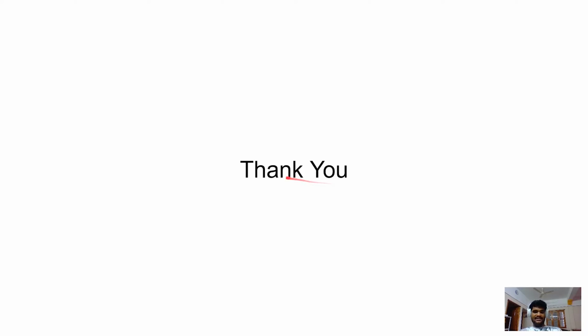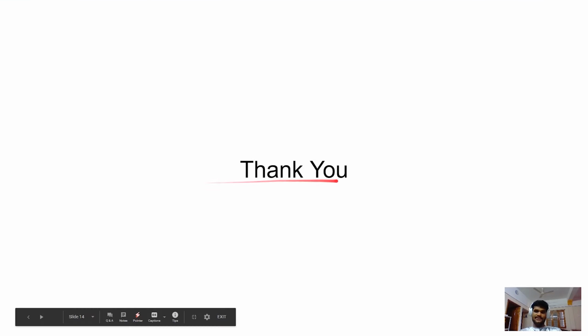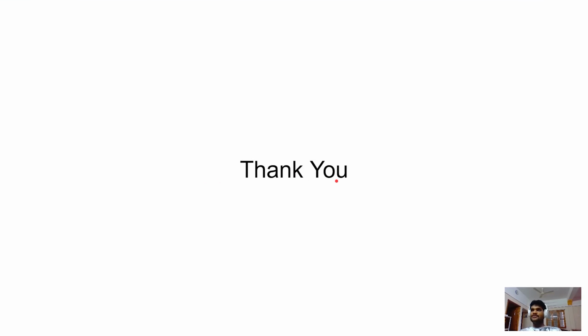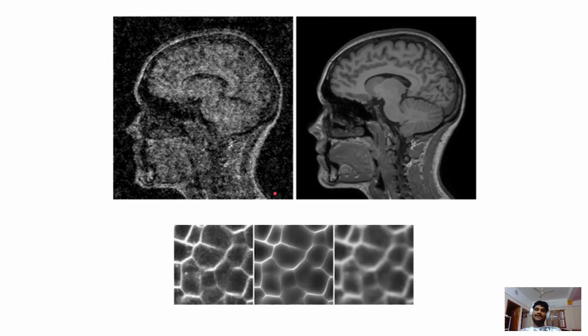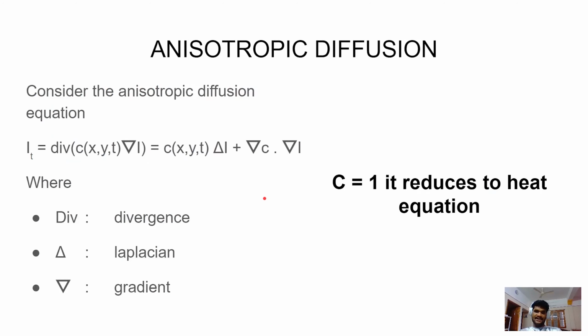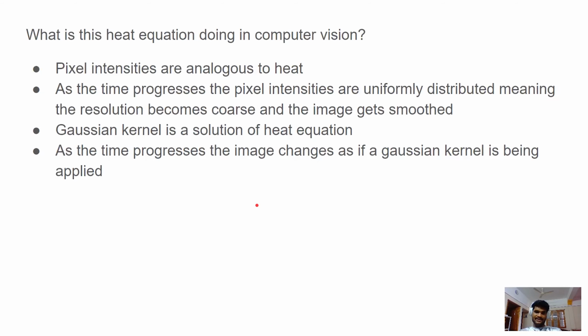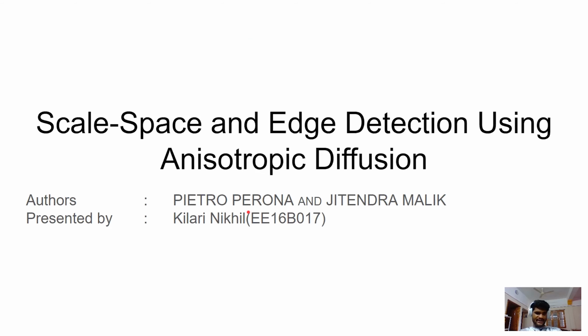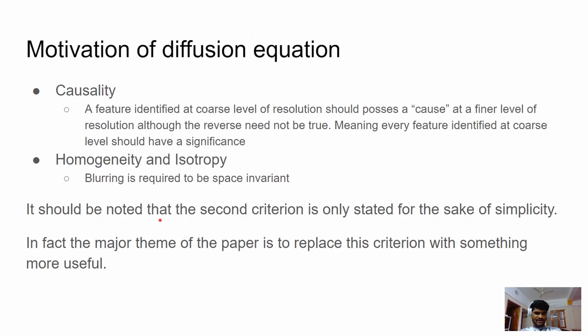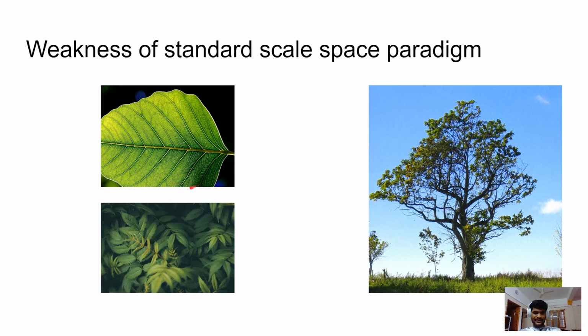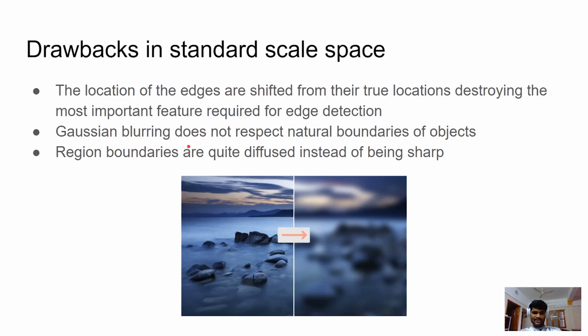And that concludes the slides. So yeah, thank you. To summarize each and every aspect that we have learned here, we first started with the normal heat equation. We saw what the weaknesses and drawbacks of it are.